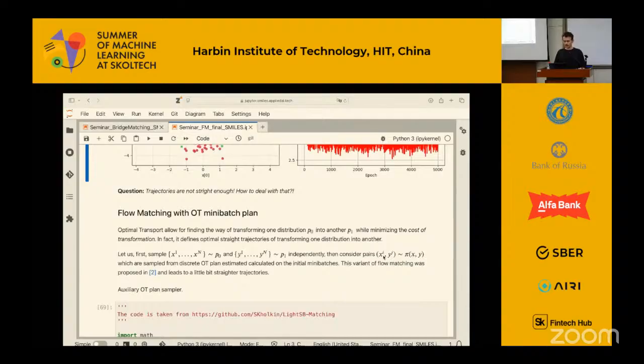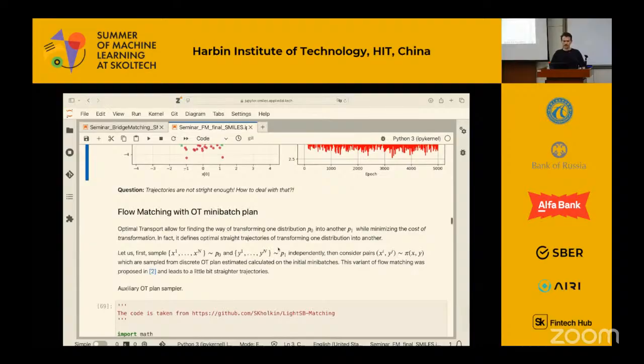This distribution can be independent, as I showed earlier, but actually the best distribution for flow matching is the optimal transport distribution, when you sample from distributions P0 and P1, but the difference in terms of L2 norm between your x0 and x1 is minimal. So it's some kind of minimal energy transport plan.